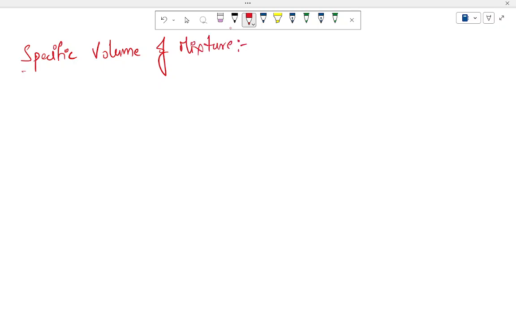This may also be helpful while solving some problems. The specific volume, small v, is expressed as volume per unit mass, that is meter cube per kg. That's how you express it regularly.